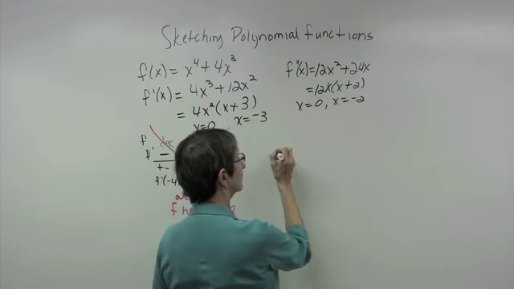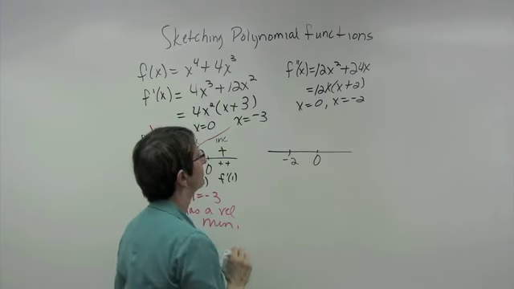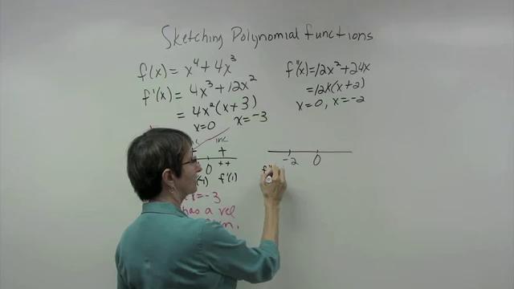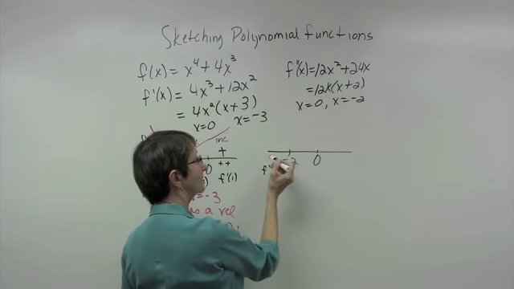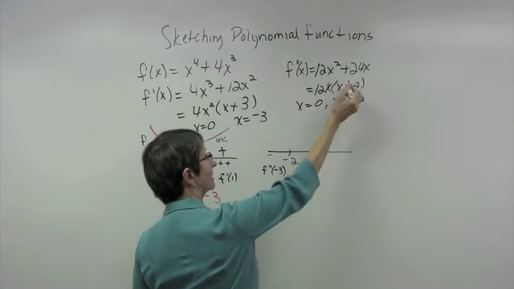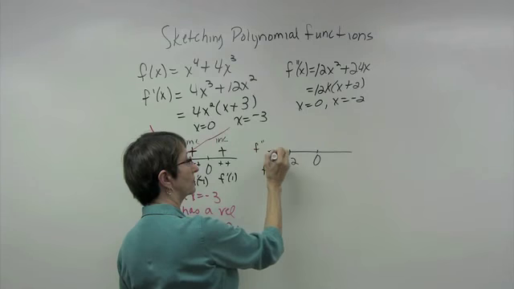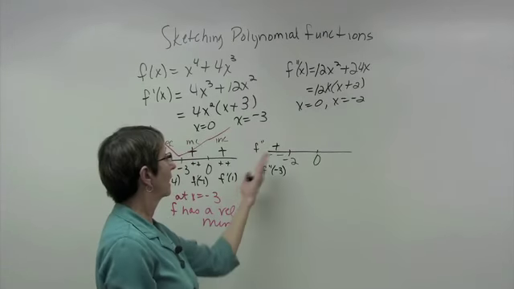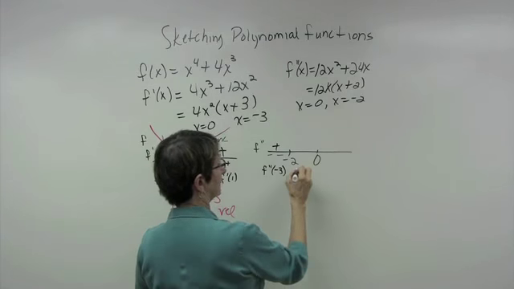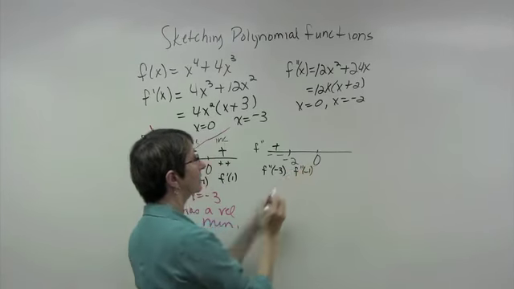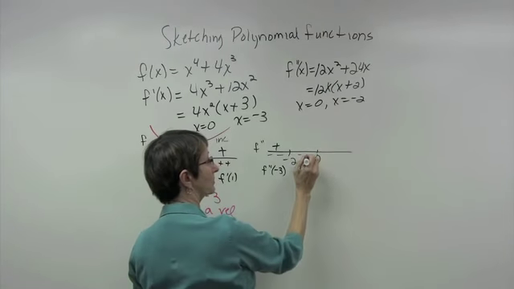So let's look at the number line here. Put negative 2 and 0. Test point for the second derivative, say negative 3. 12 times negative 3 is negative. Negative 3 plus 2 is a negative. So my second derivative is positive, less than negative 2. Let's try f double prime at negative 1. 12 times negative 1 is a negative. Negative 1 plus 2 is a positive.